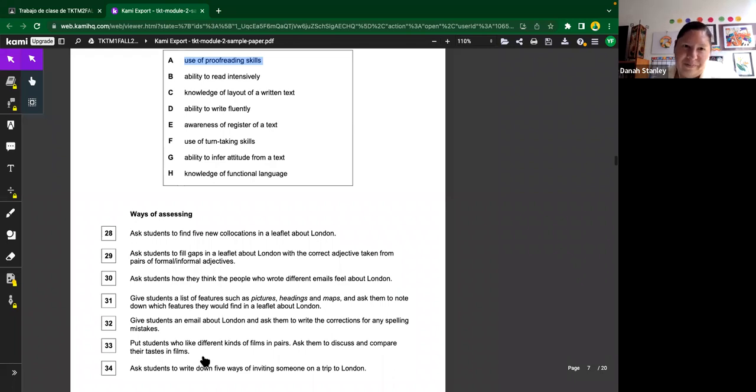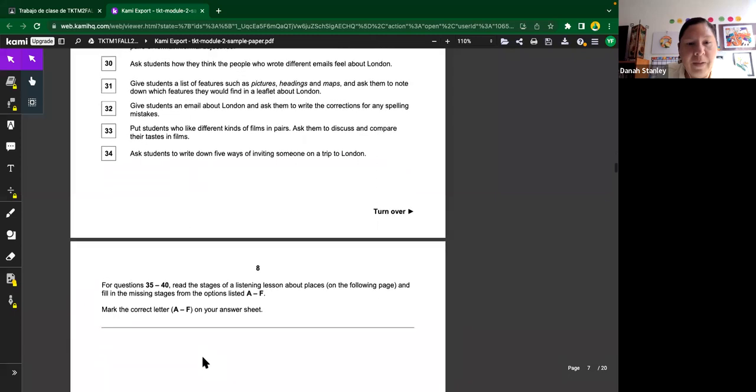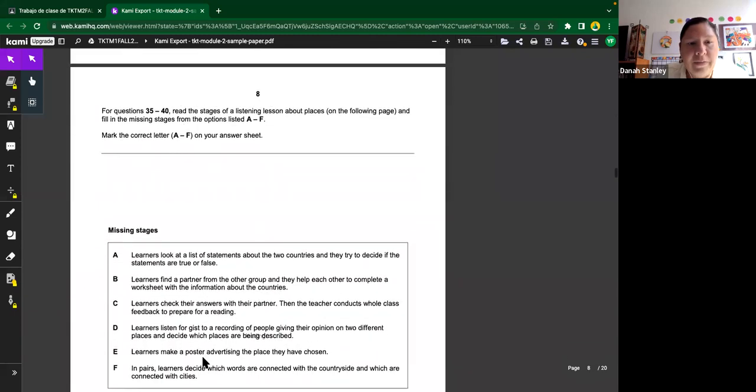Make an invitation. Function equals use equals intention. Okay, so we said 7 and 8.